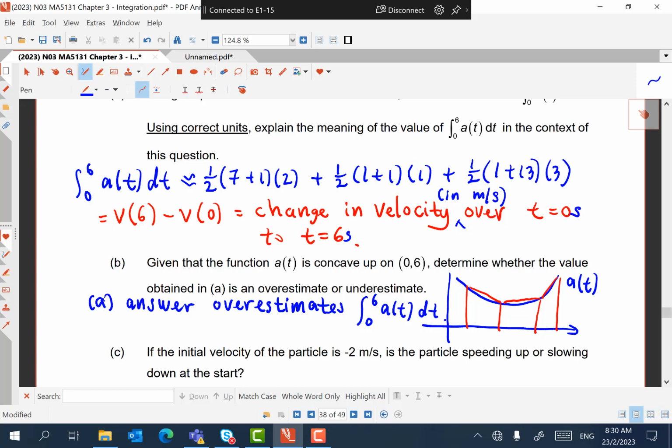They're trying to make their conclusion solid, but all you need is to establish that it is concave up or down, and say since it is concave up, therefore it overestimates. Full stop.